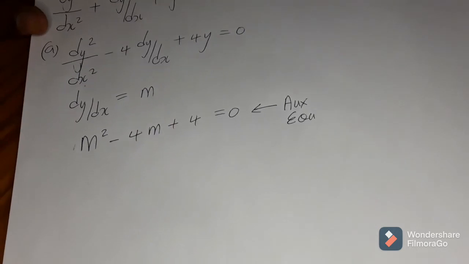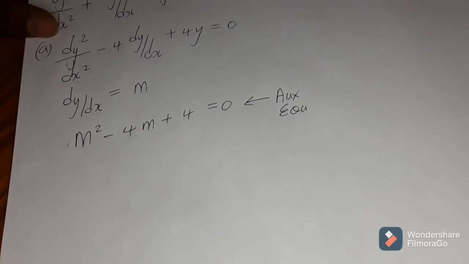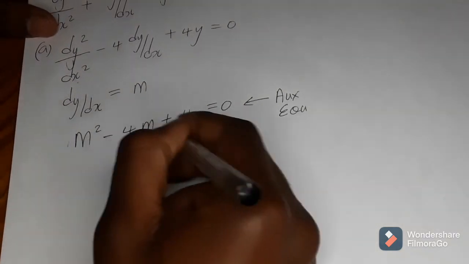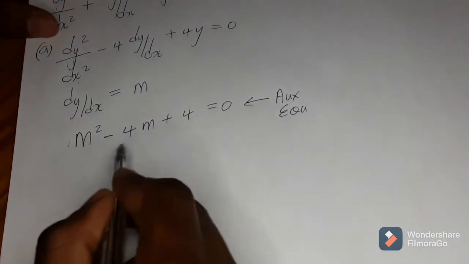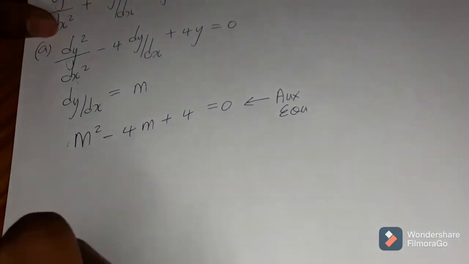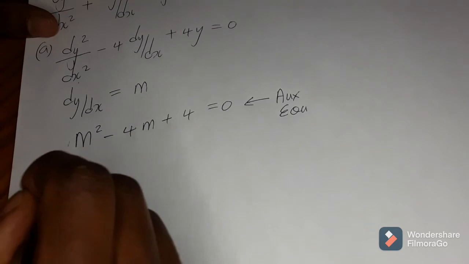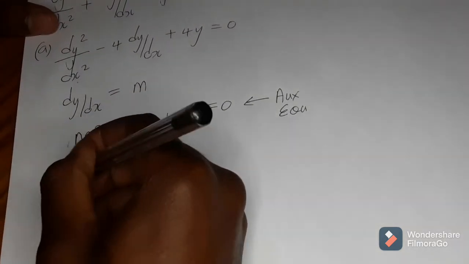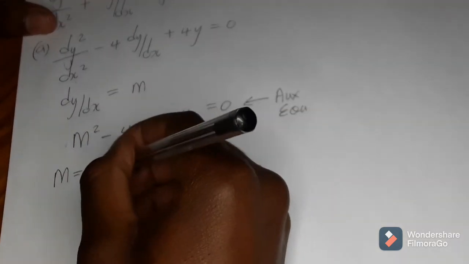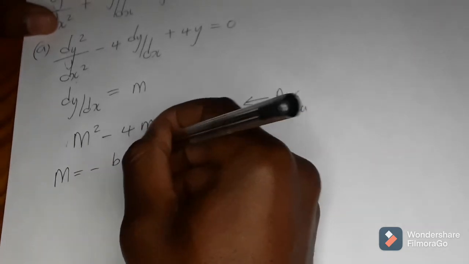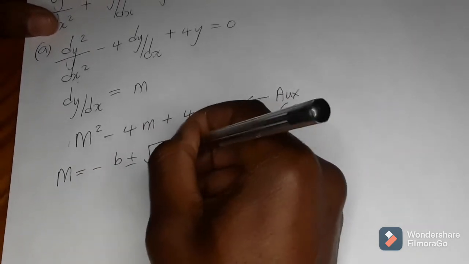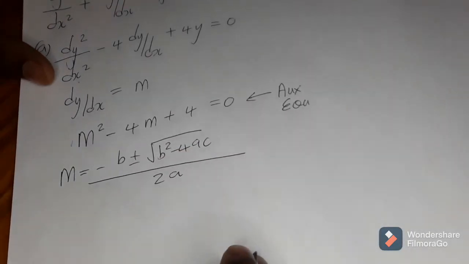So after finding your auxiliary equation, your next step is to find the factors of this equation. What I normally do, the easiest way of finding factors, is using the quadratic formula: minus b plus or minus root b squared minus 4ac all over 2a.